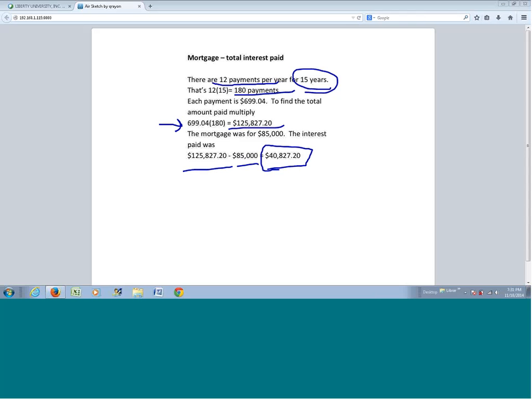When you take out a mortgage, they are required to tell you this number of how much your interest is going to be over the life of the mortgage. There's ways that people can get around spending all of that money on interest. One of the ways is to make fewer payments. So maybe instead of 15 years, you end up paying it off in less time, so it could be fewer years.